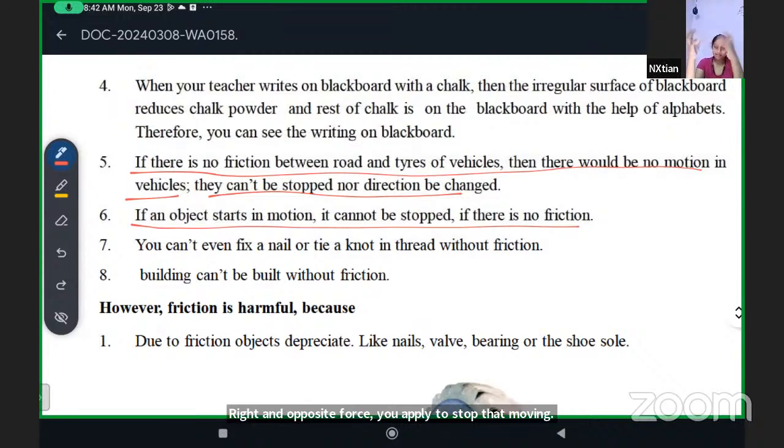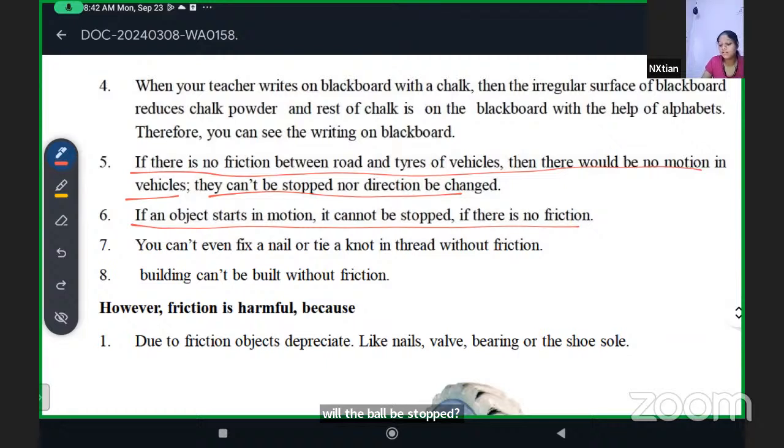That happened because of friction. But if friction was not there, the ball would have hit. Who will stop the ball then? If there is no opposite force applied, how will the ball be stopped? So it happens because of friction.